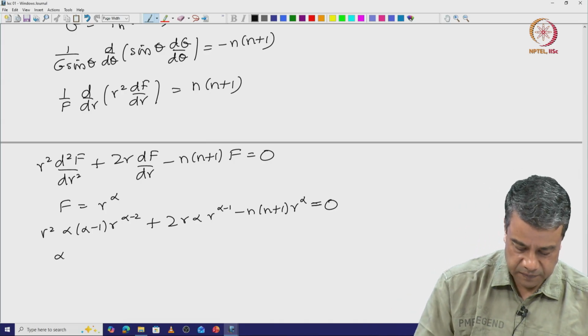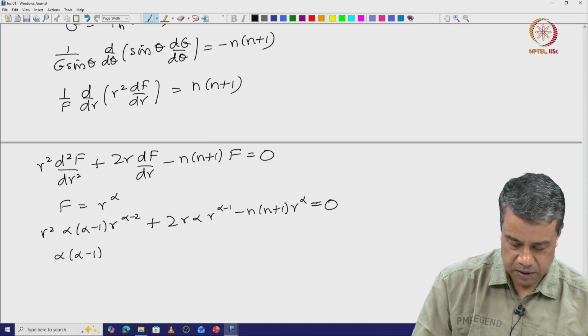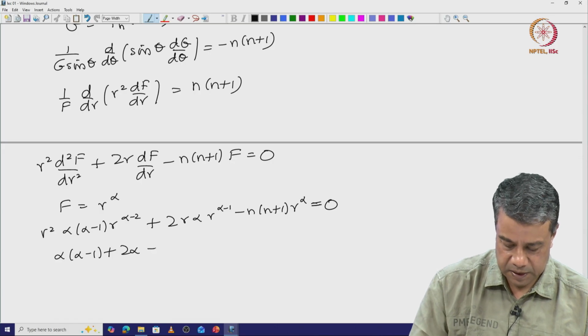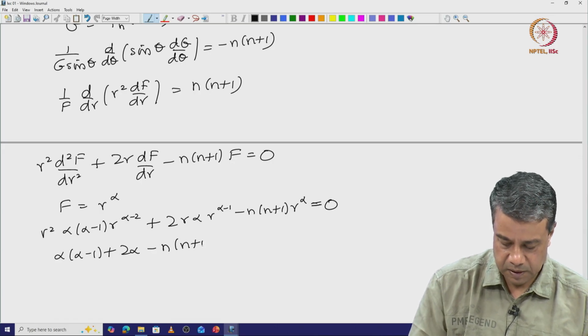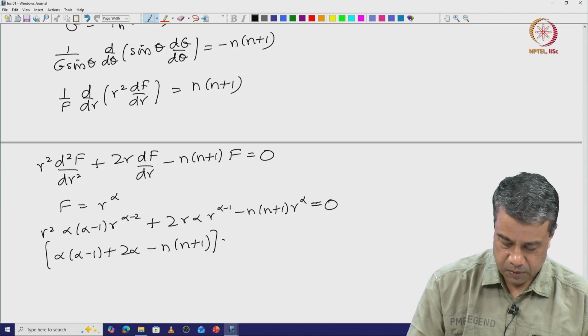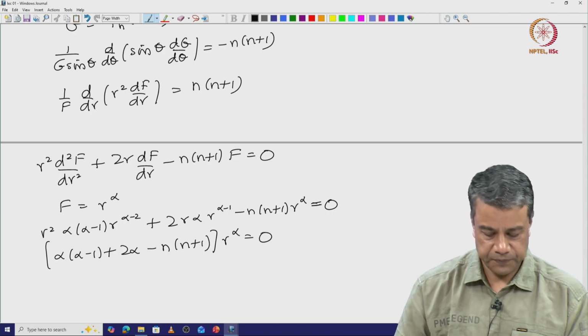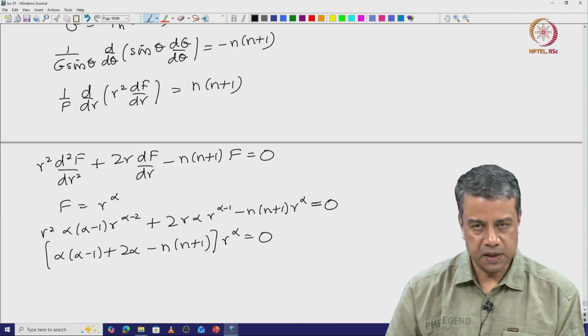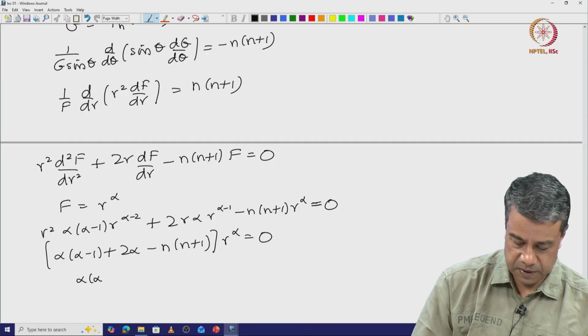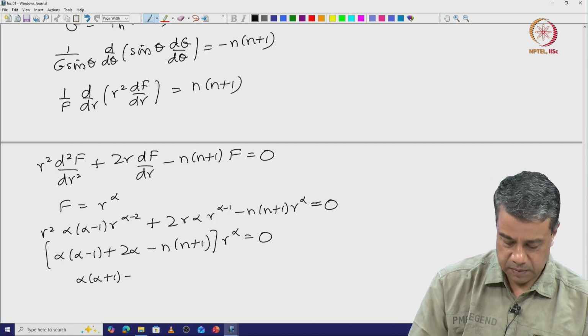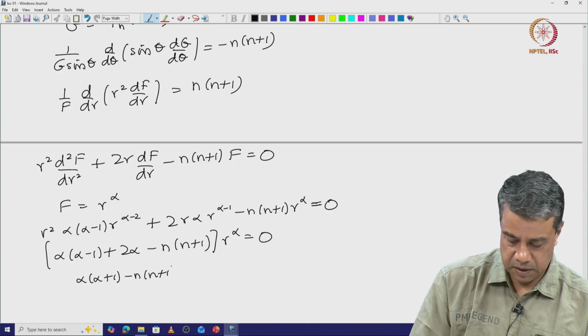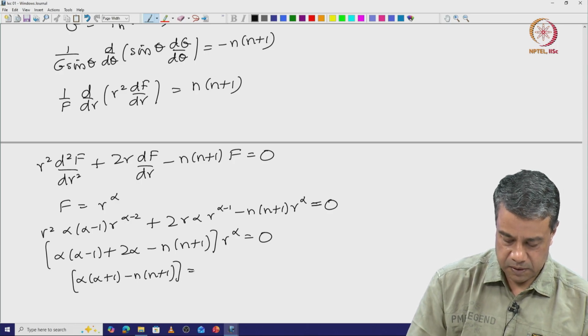So, this becomes alpha into alpha minus 1 plus 2 alpha minus n into n plus 1, into r power alpha, is equal to 0, and you can easily verify this is equal to alpha into alpha plus 1 minus n into n plus 1. This has to be equal to 0.